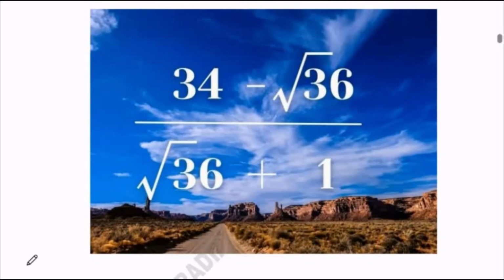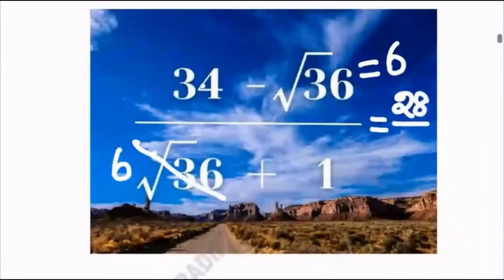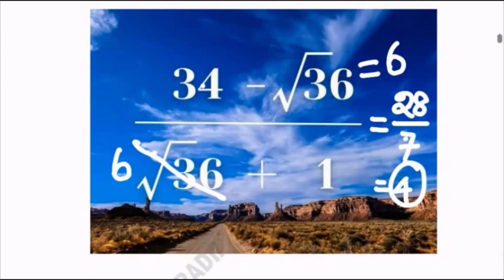So what is root 36? 6. So this is also 6. So 34 minus 6 is 28. Divided by 6 plus 1. 6 plus 1 is 7. So 28 divided by 7 is 4. Everyone answered correctly. Very good.